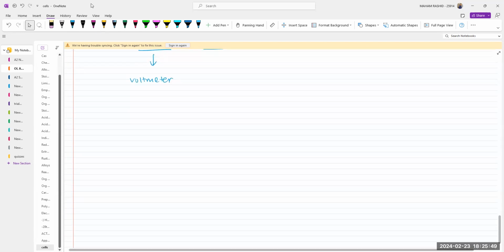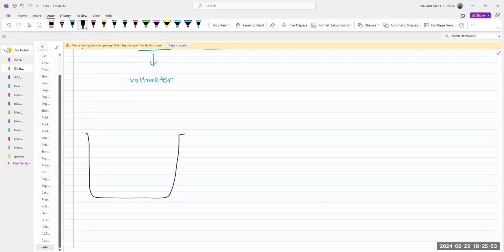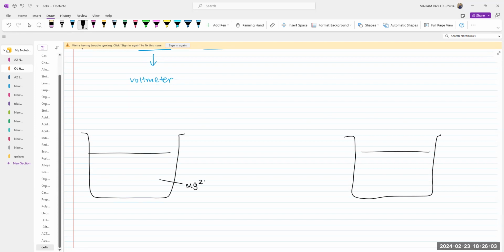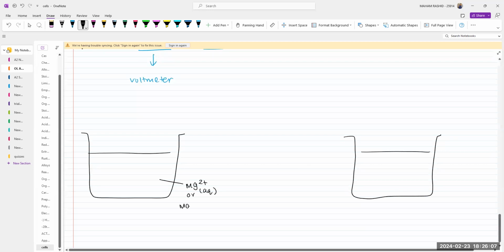Now let's do one more example between two different metals. So I have two beakers again. In one beaker, I have magnesium ions or magnesium nitrate.